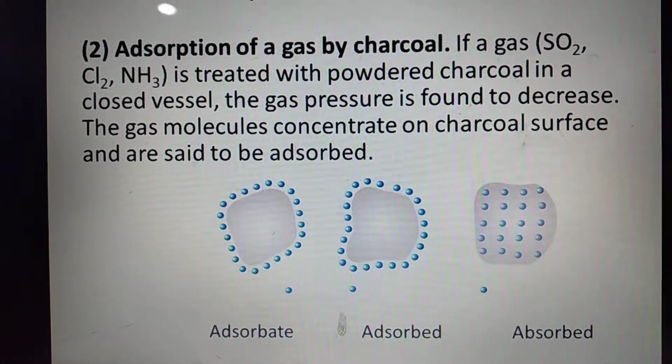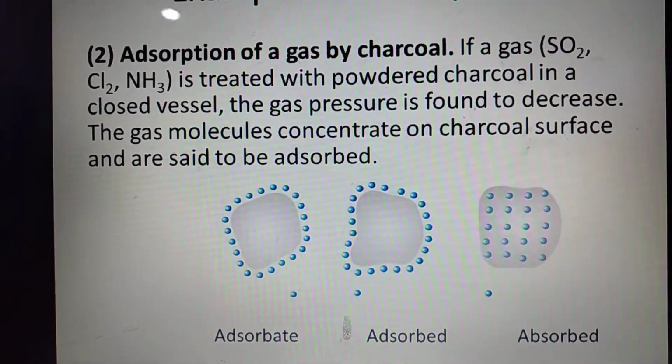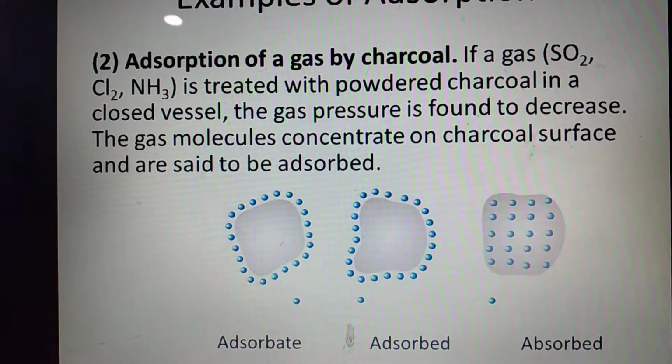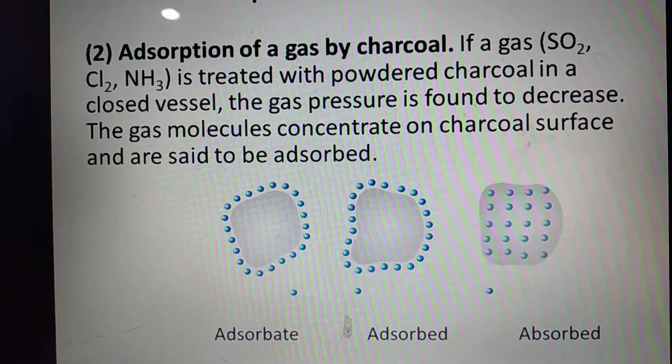And the substance which is diffused into the surface, not adsorbed at the surface, is called absorbed. Here in this figure, C is called absorbed.